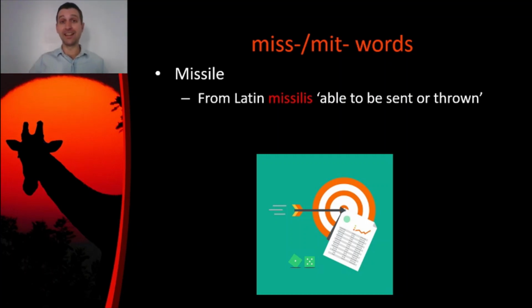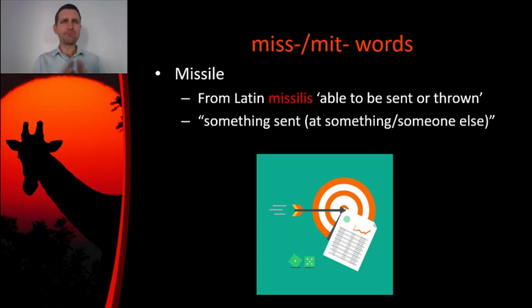That's the whole point of a missile, it gets sent or thrown by somebody, usually at somebody or something else. Now, the old meaning of the word missile was basically anything that gets shot. So an arrow often would have been considered a missile. Nowadays, in the past 50 to 100 years, we started using missile a little bit more exclusively to refer to a certain kind of very technologically developed item that might be sent from one place, or maybe in this case, country, to another.